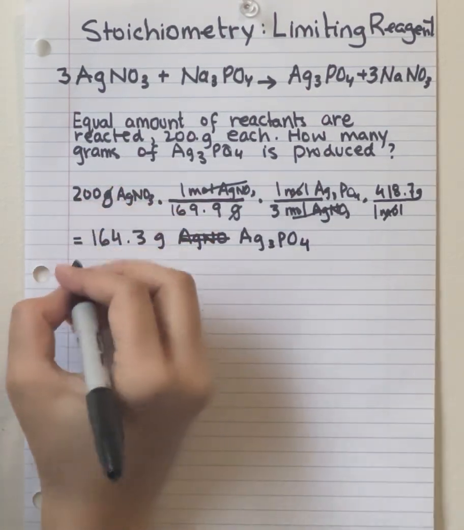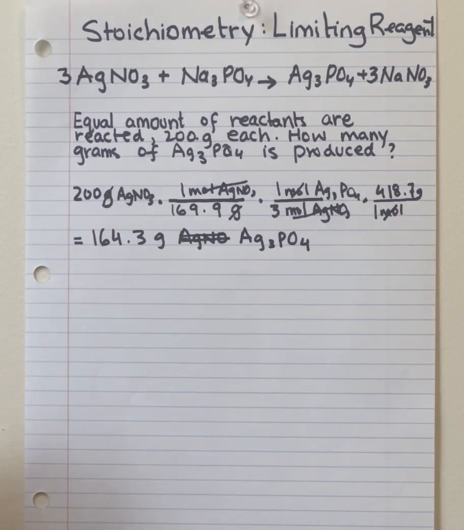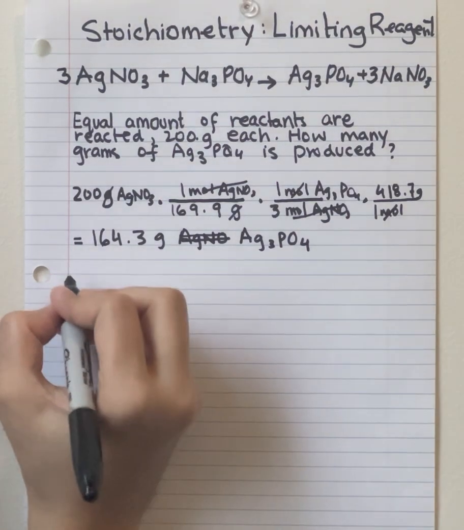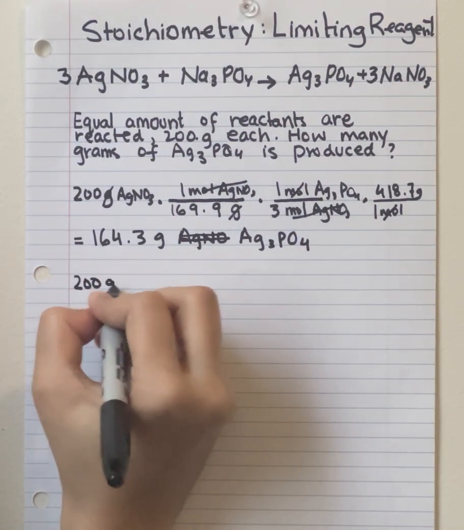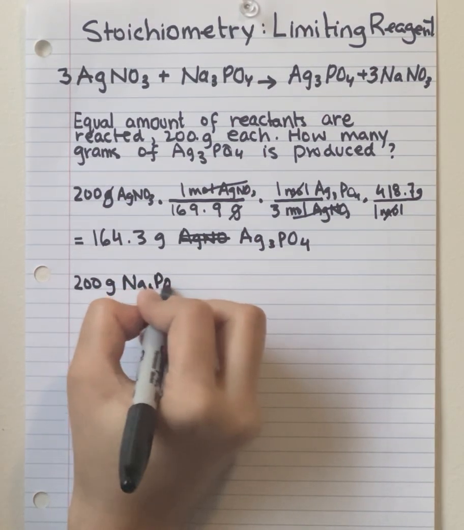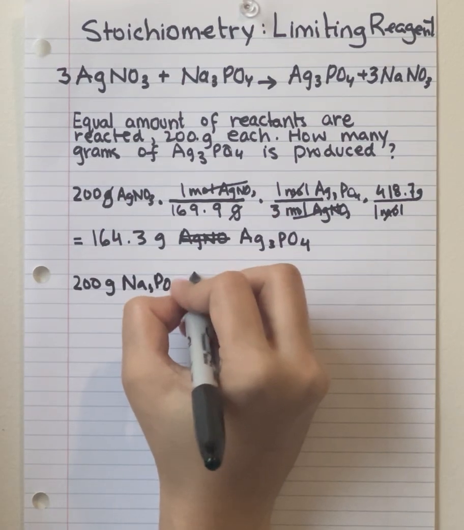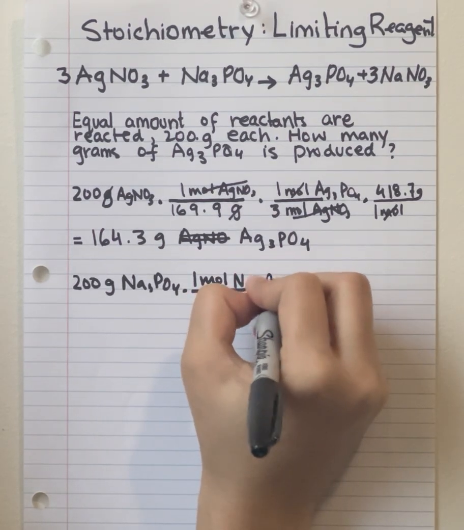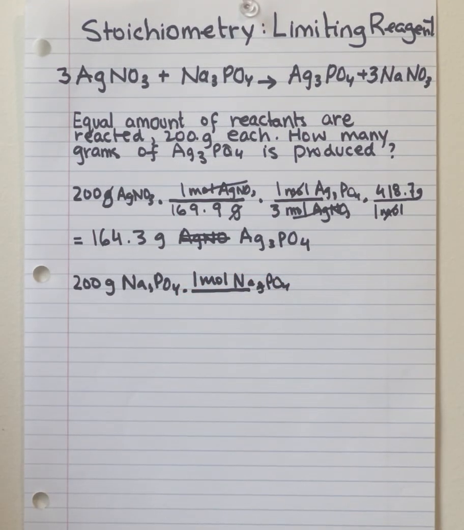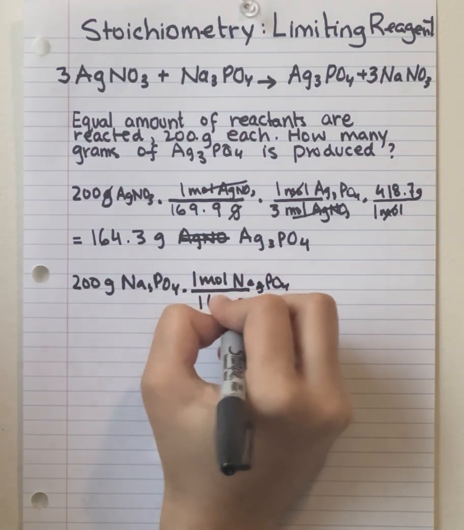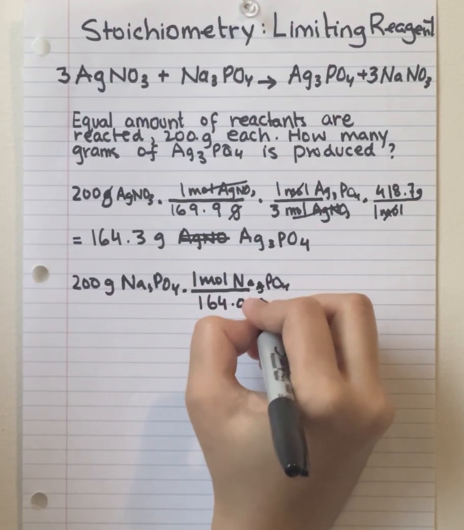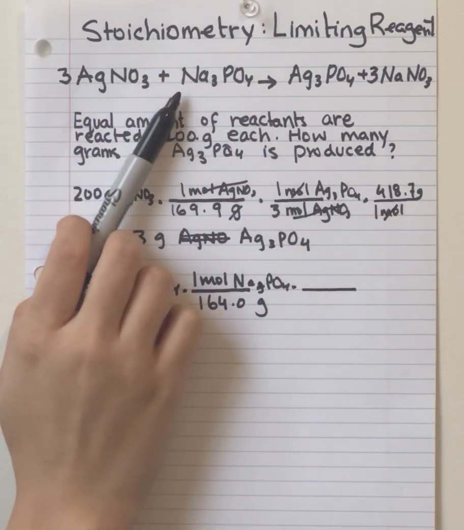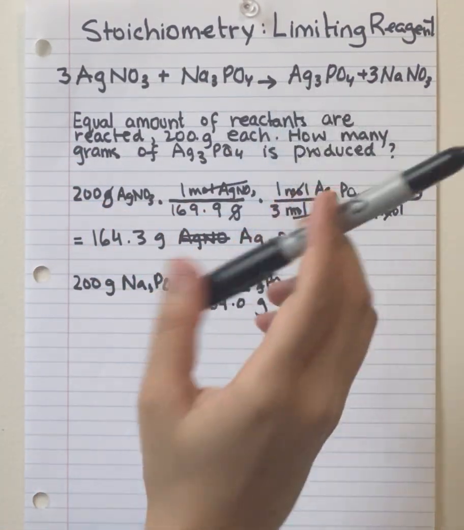Now, for the second part of the question, we will have to see when we react 200 grams of sodium phosphate, how much silver phosphate is going to be produced. So 200 grams of sodium phosphate. 1 mole of sodium phosphate is 164.0 grams. Times that by the ratio: for every 1 mole of sodium phosphate, we produce 1 mole of silver phosphate.